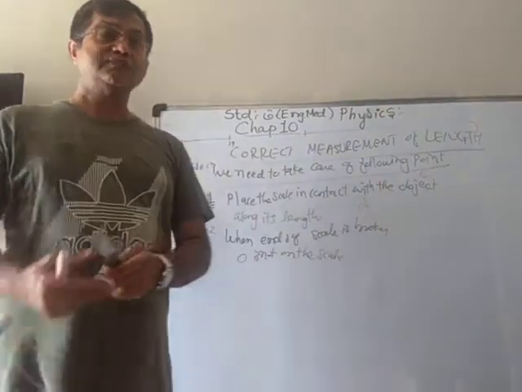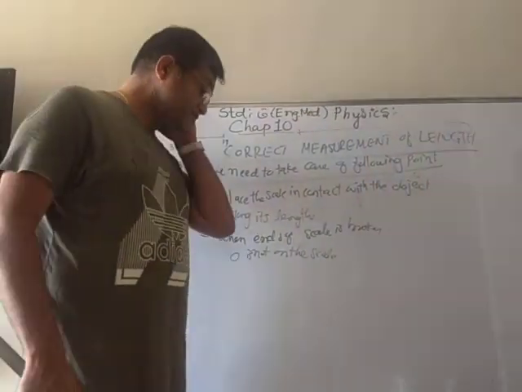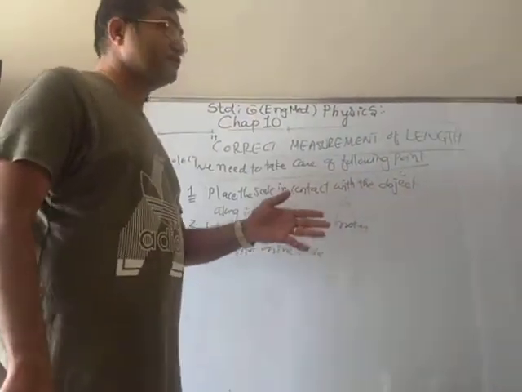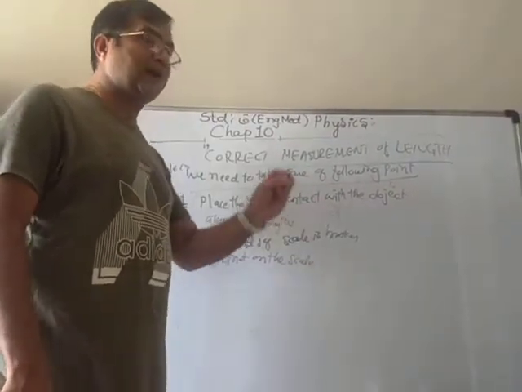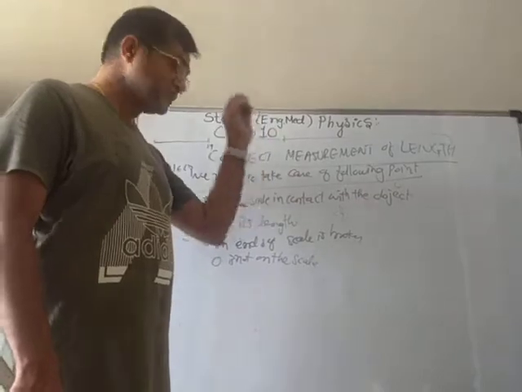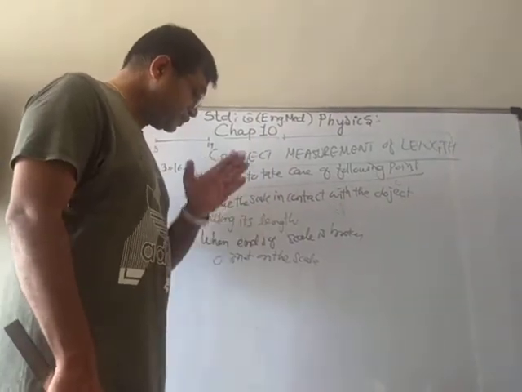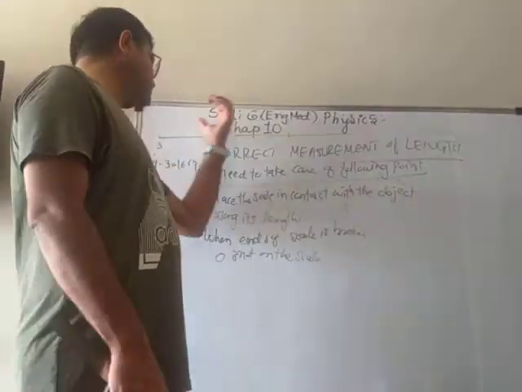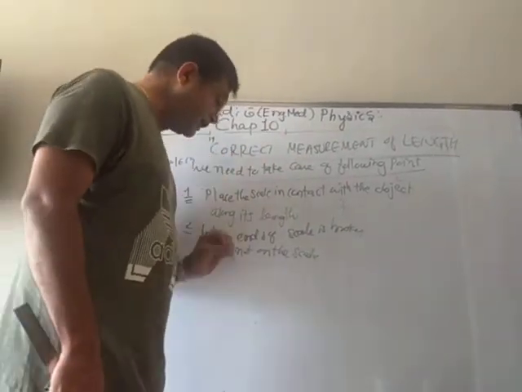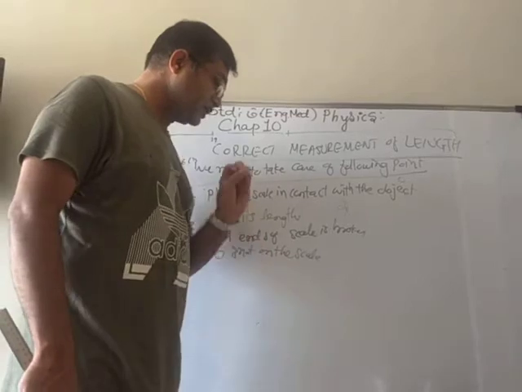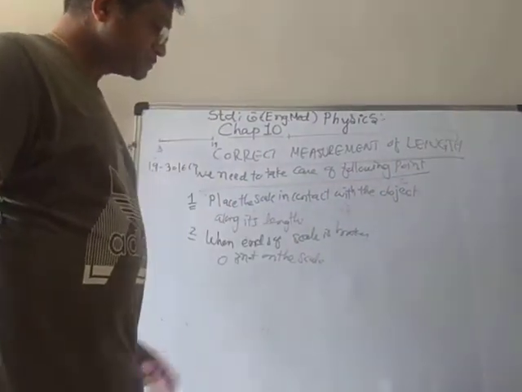So whenever a broken scale is there, you should avoid the broken parts and start from the part which is readable, and then you have to subtract that initial reading from the last. Then you will find the perfect measurement of the required thing.